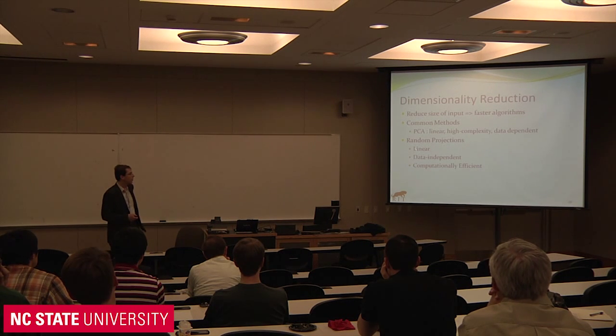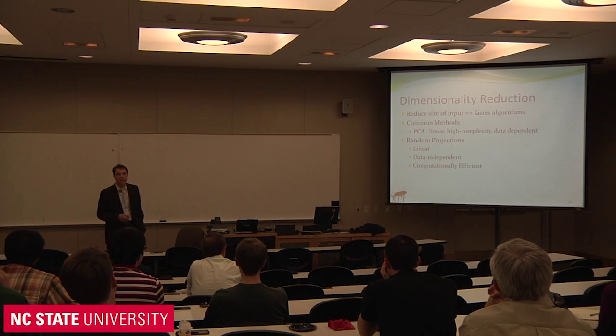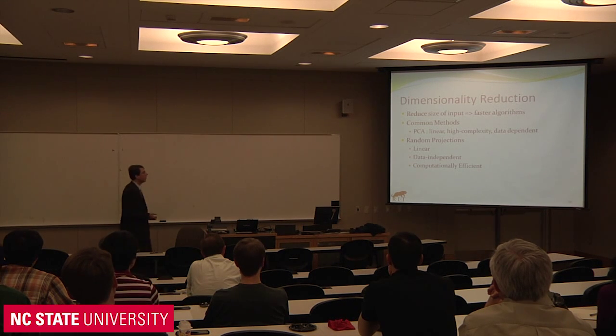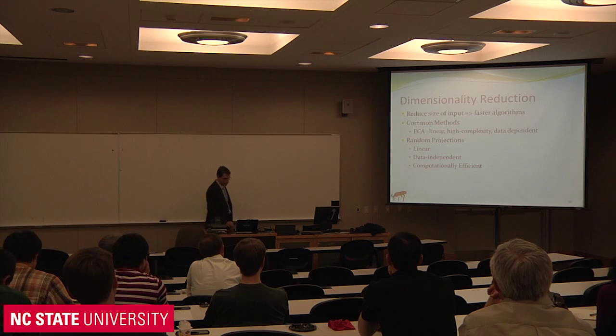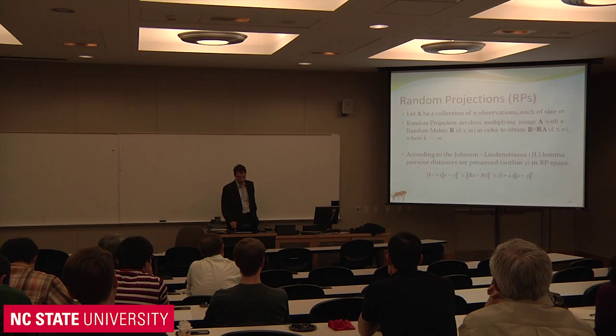Random projections are nice in that they're linear, data independent, and very efficient. The linear part is nice, but the data independent part is even nicer, because now you don't depend on a given object. You don't need to know anything about its statistics. You can just transform and do all your processing in random projection space.